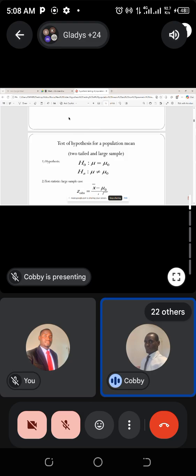a certain population mean. If we want to test, like we have given an example of the population mean for everyone here, we hypothesized that the population mean for all of us here can be 40, right?